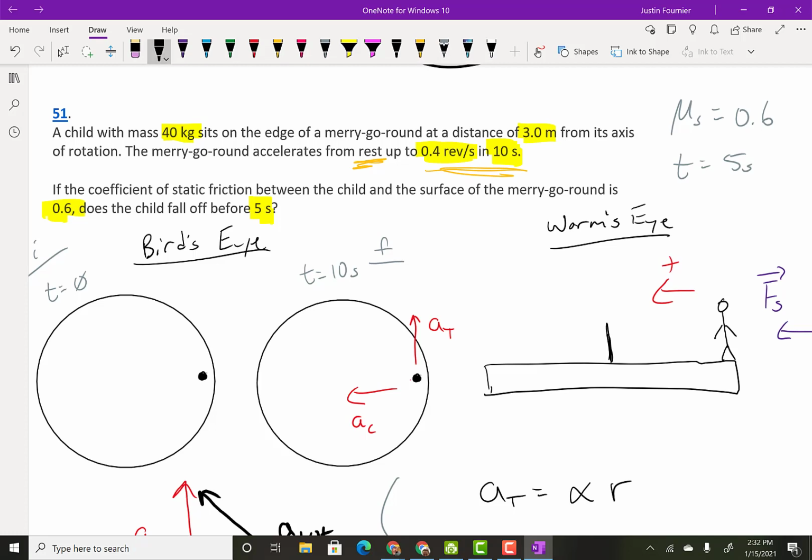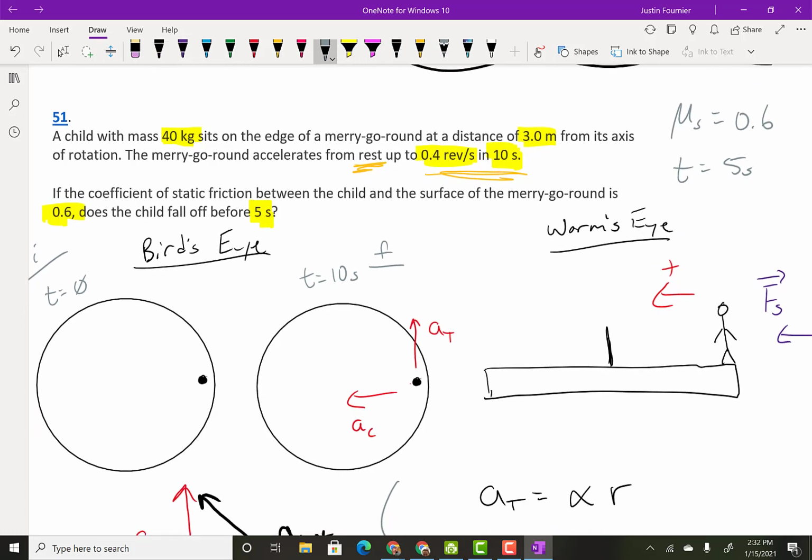They also gave me r. R is 3 meters, because that's where the child is. The distance from here to here is 3 meters.